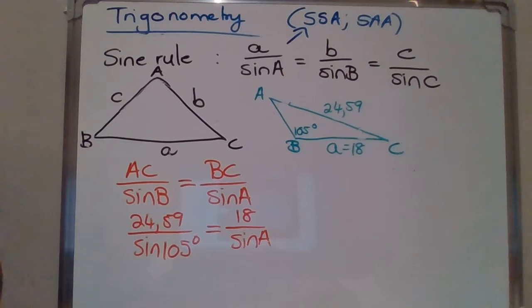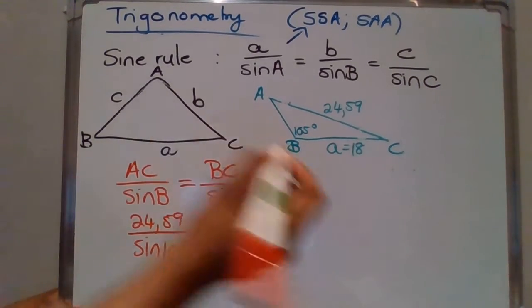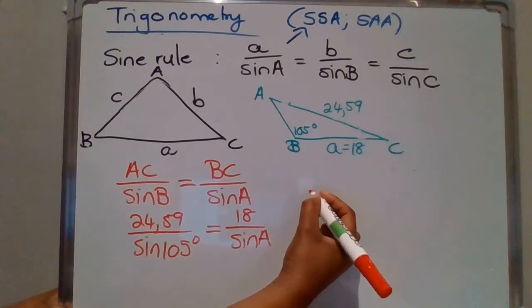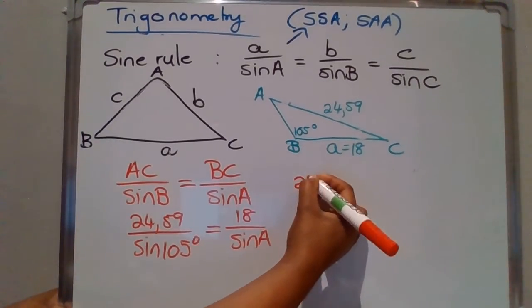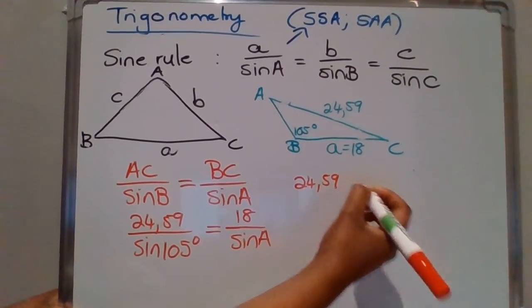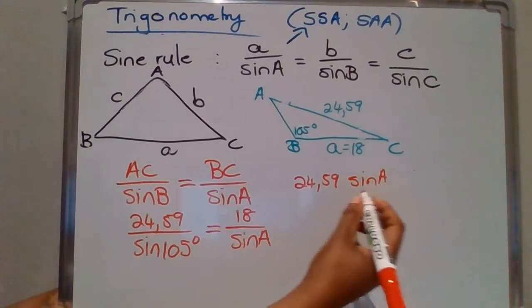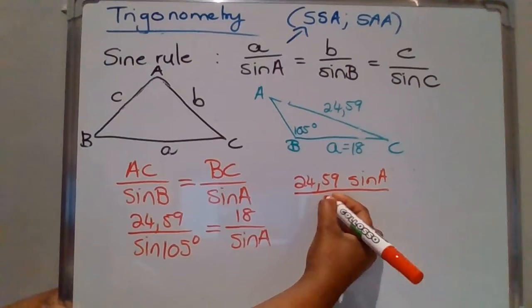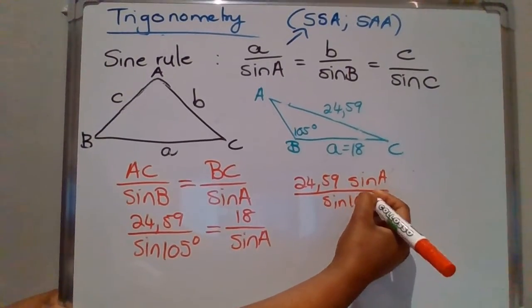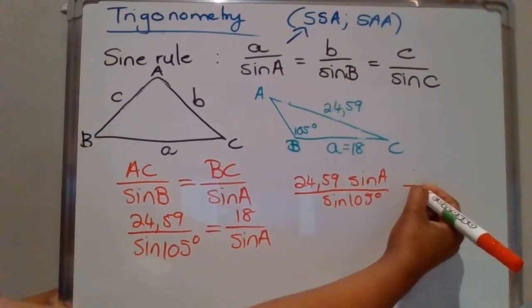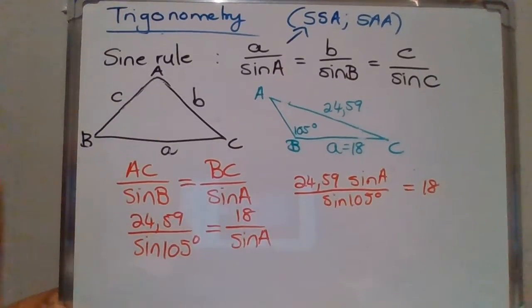All right. So now I need to find the value of A. So then I have 24.59 times sine A divided by sine 105 degrees is equal to 18.